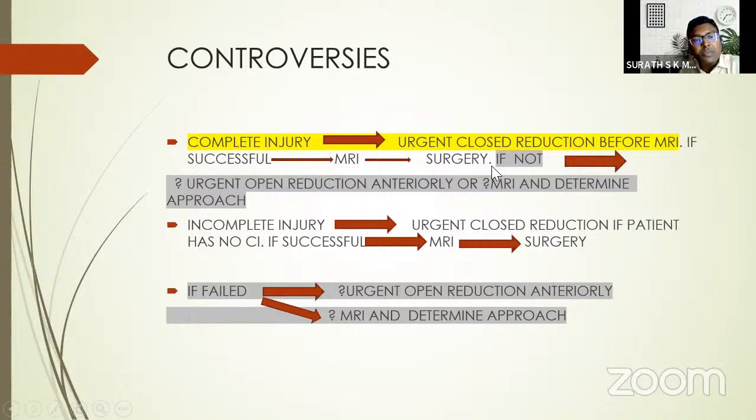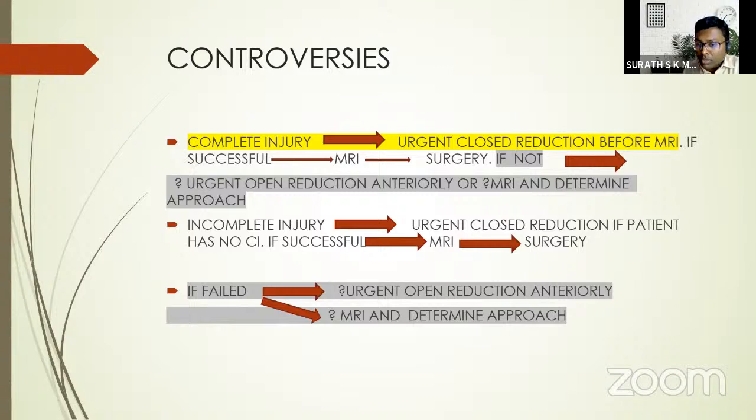For patients presenting with an incomplete injury, I think there is a place, and we should consider closed reduction if the patient has no contraindications. If it is successful, go for MRI and go for surgery. If the reduction fails, then the question is, what are we going to do?